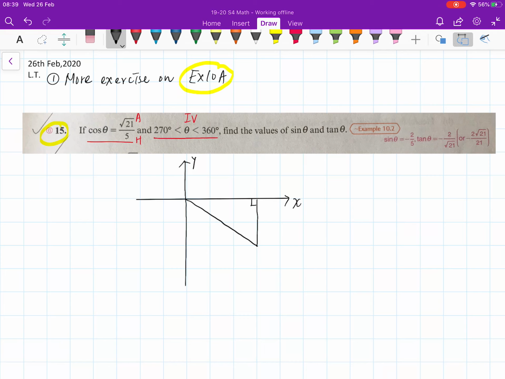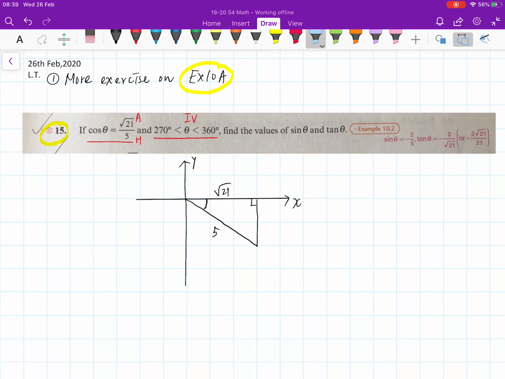The right angle is here, and the angle is here. Therefore we can put the values back into the right angle triangle. For this angle, the hypotenuse, the H, will be the longest side, so the value is 5. And for the adjacent side, it is square root of 21. So it should be here.